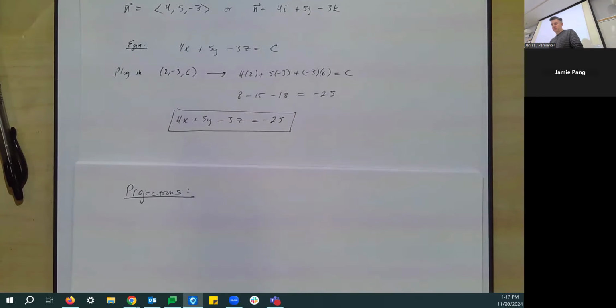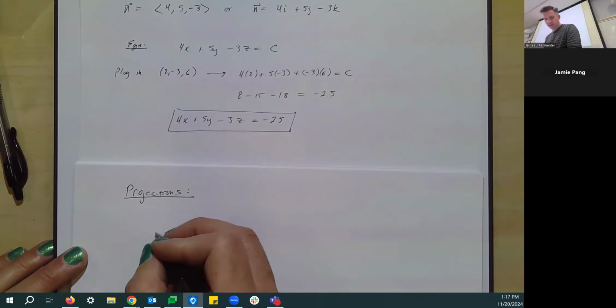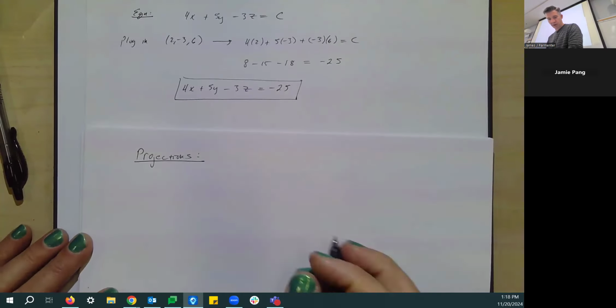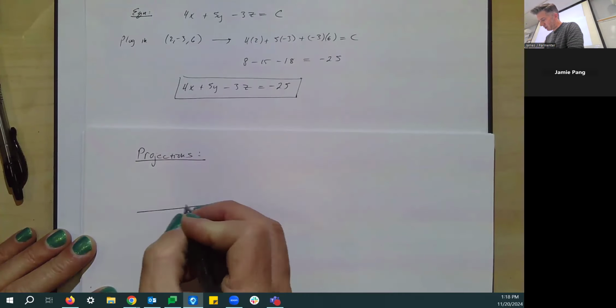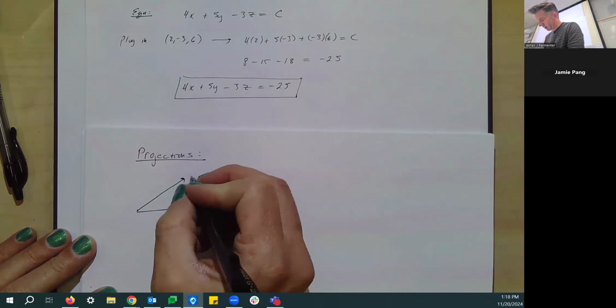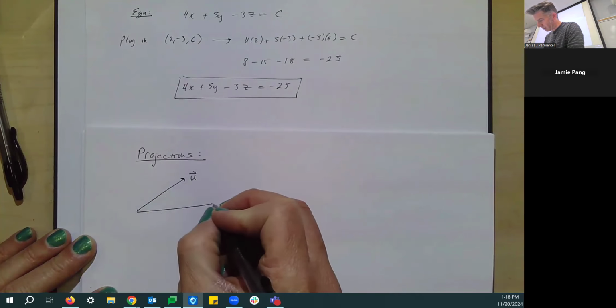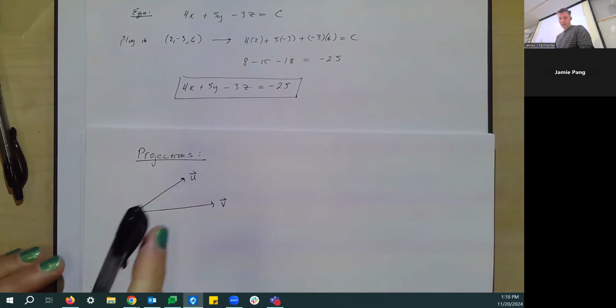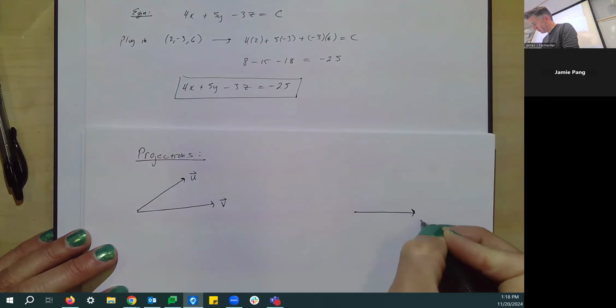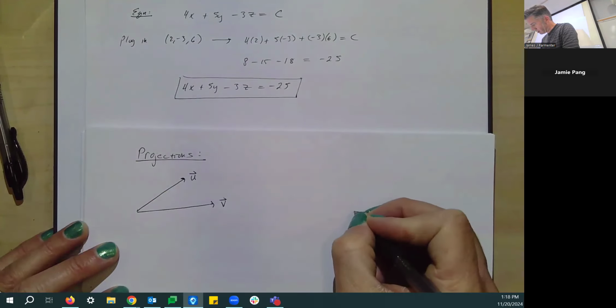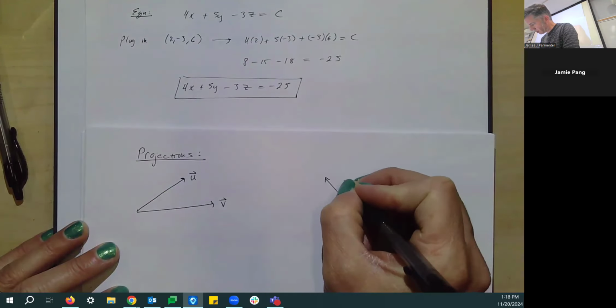So as the name would imply, if you've got two vectors, and I'm going to draw a picture here, I like this notation better. This is my vector v, this is my vector u.